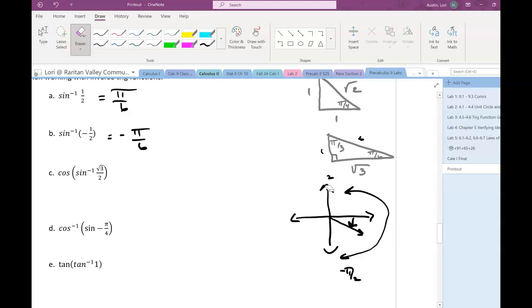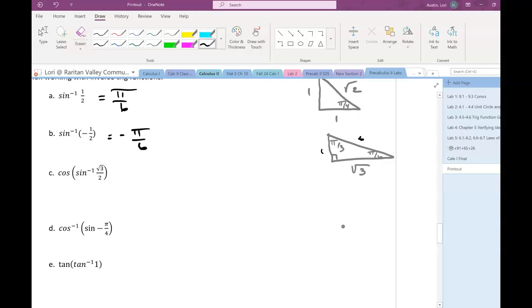Let's take a look at the next one. We have cosine of sine inverse of square root of 3 over 2. Work inside the parentheses first. Sine inverse of square root of 3 over 2. Which angle is going to give me a ratio where the opposite over the hypotenuse is square root of 3 over 2?